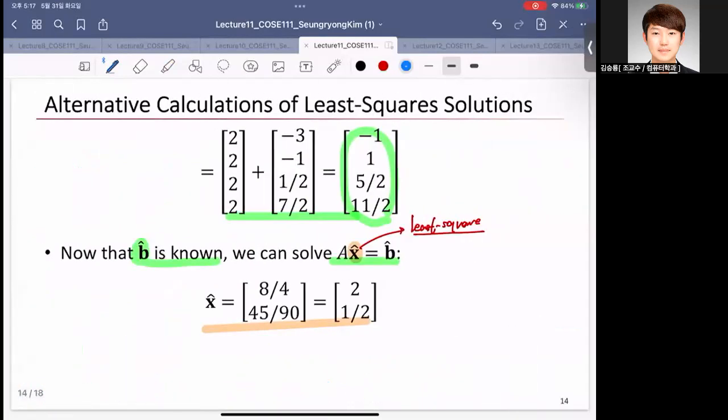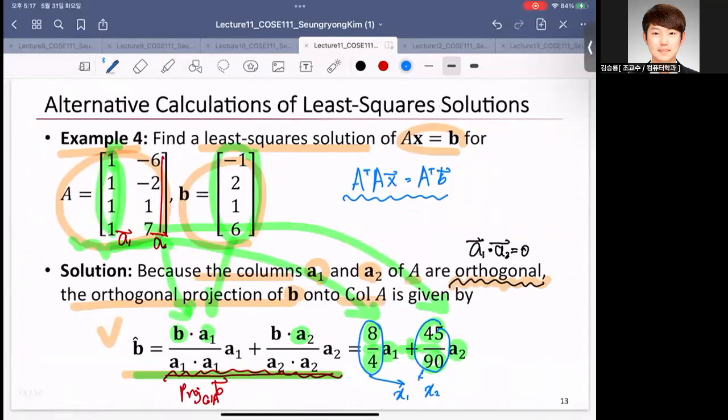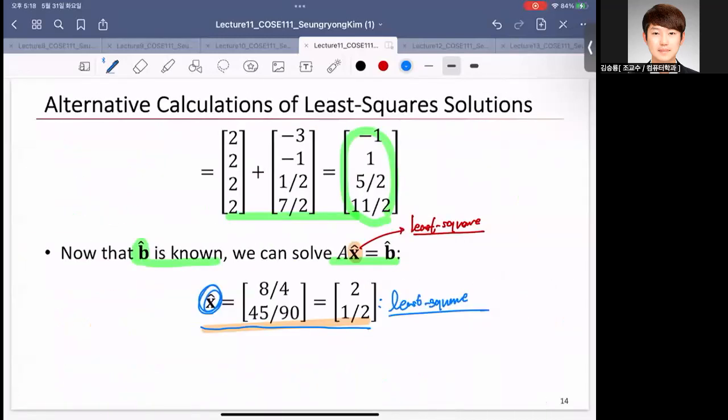So this coefficient can be the x hat. So this is the least square solution. This is another way to solve the least square solution when columns of A1 and A2 are orthogonal to each other. Then you can easily find out the least square solution here. Okay.